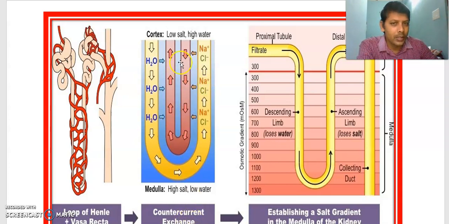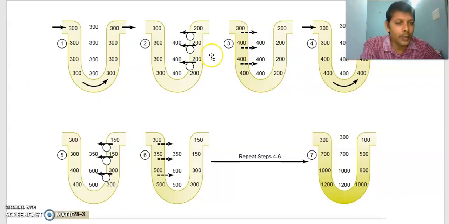The important point: Henle's loop acts as a multiplier system. In the counter current mechanism, there is a counter current multiplier and a counter current exchanger. The structure that acts as an exchanger is the vasa recta. The structure that helps in multiplying the osmolarity in the interstitium is Henle's loop.